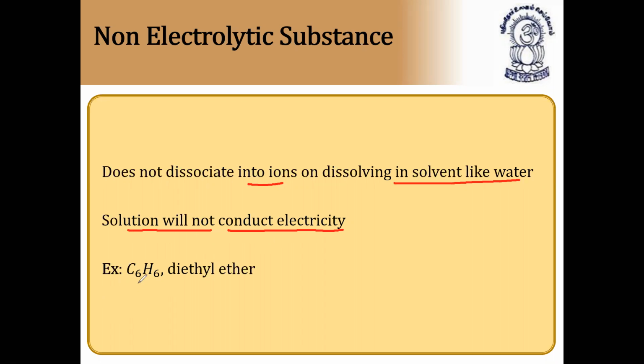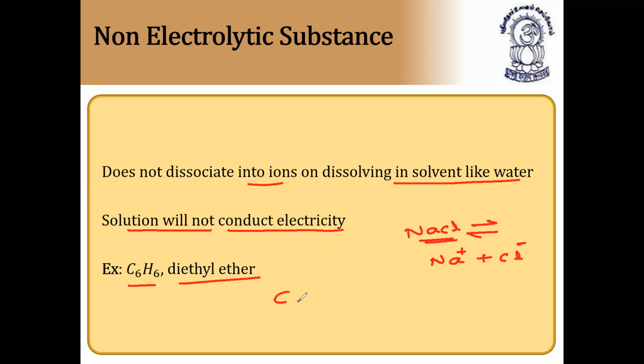Examples of non-electrolytes are organic compounds such as benzene and diethyl ether, and some inorganic compounds. Already we know covalent compounds do not dissociate in water, whereas ionic compounds dissociate into ions in water. For example, NaCl when dissolved in water forms Na plus and Cl minus, so this is an electrolyte. Non-electrolytes are like carbon dioxide, benzene, diethyl ether.